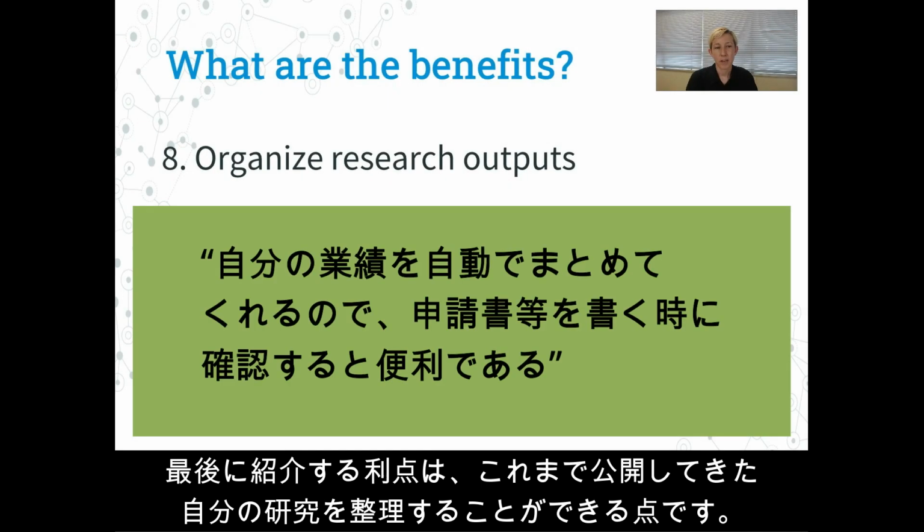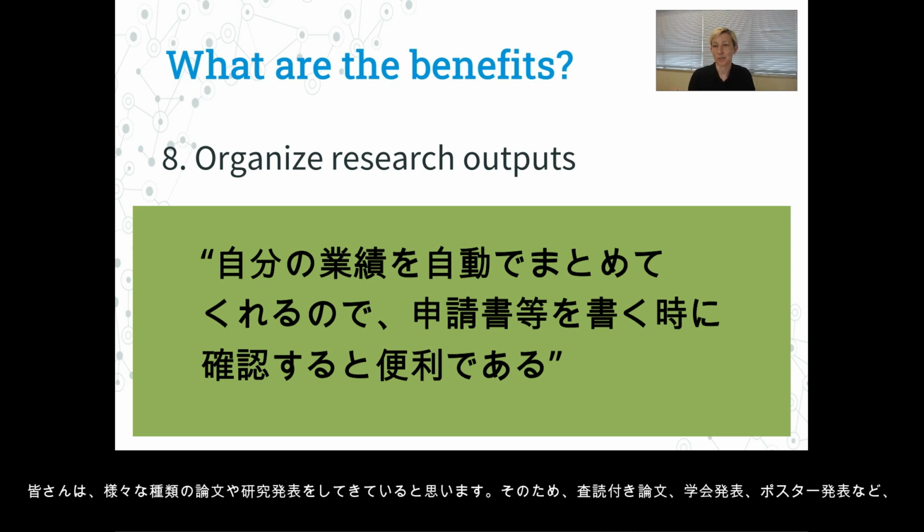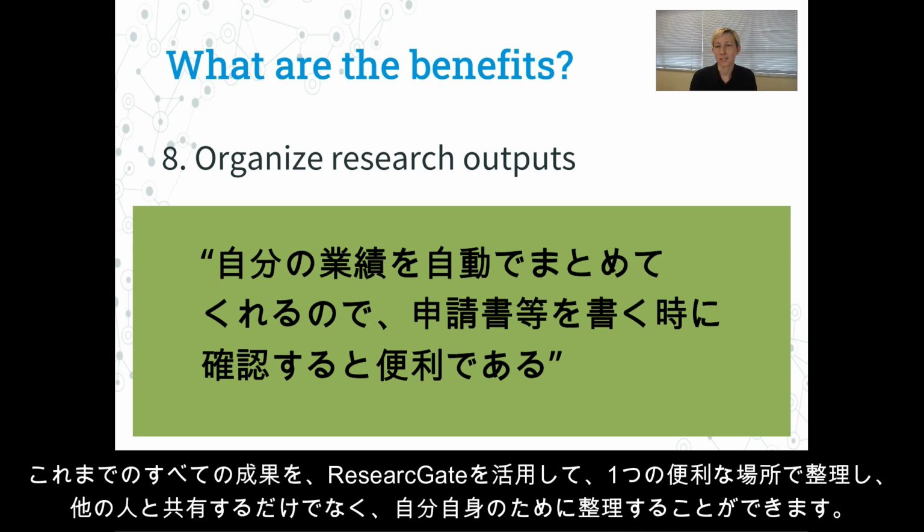And our final benefit is about organizing research outputs. So as we continue in our careers, we might start to develop a healthy body of outputs and lots of different types of outputs. So peer-reviewed articles and conference presentations and poster presentations.